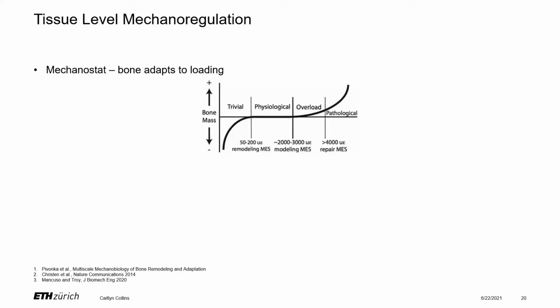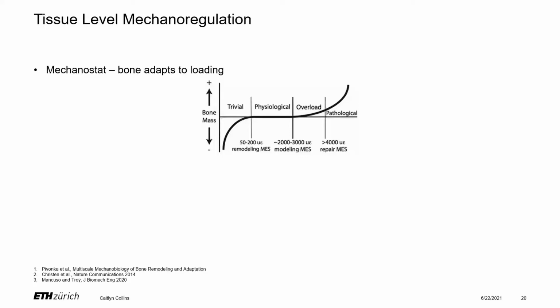Sometimes this is called the lazy zone. It's what we expect. It's what our bones are happy with. There's this metabolic balance regarding bone turnover. And then you have this overload window where if you have high enough strains, the bone starts to adapt and increase or stimulate formation of bone.